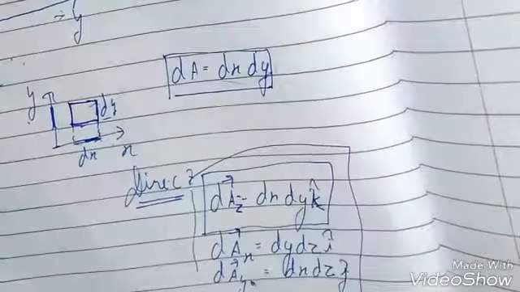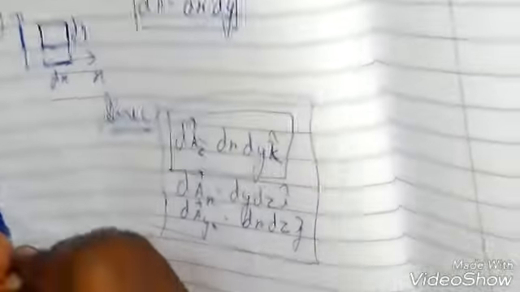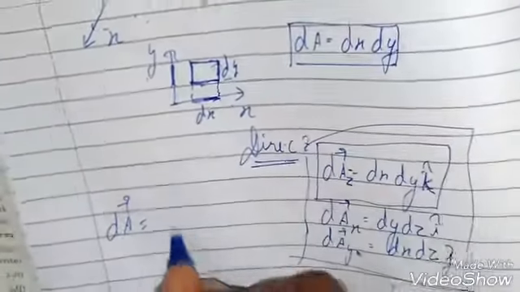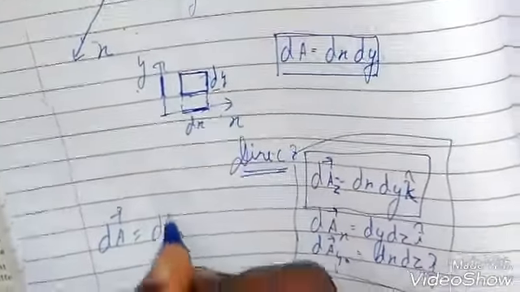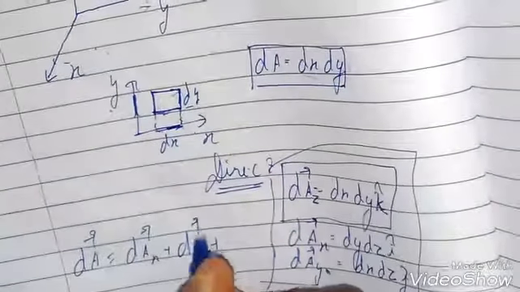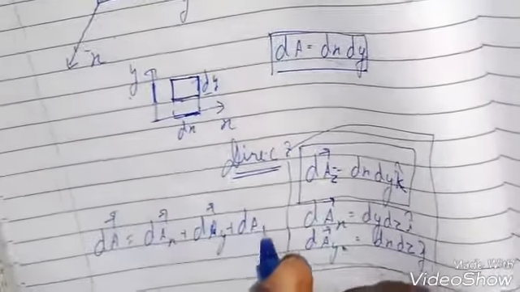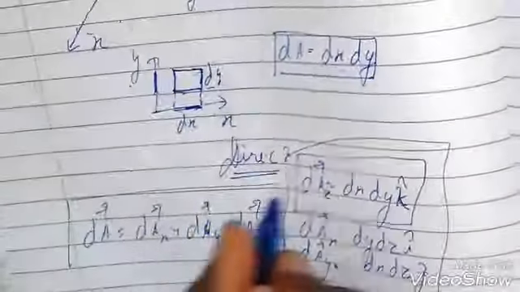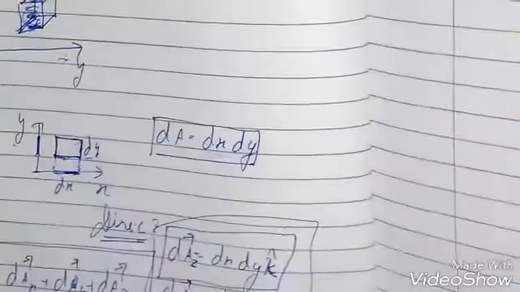These three are the surface elements of this cube in the Cartesian plane. Hence, the complete surface element can be written as the sum of these three surface elements, dA x vector plus dA y vector plus dA z vector. This is the expression for the surface elements.